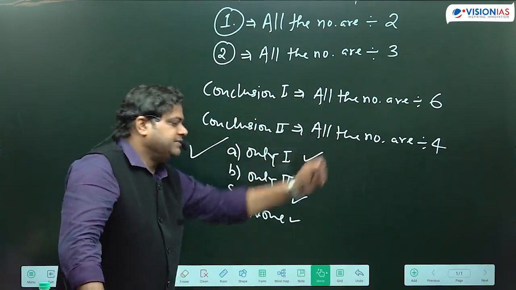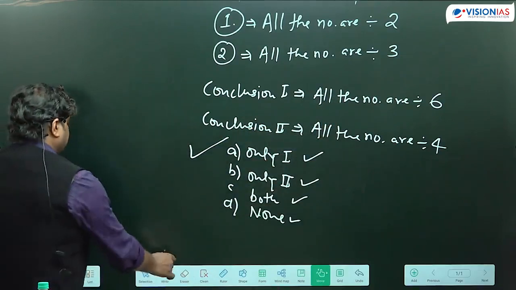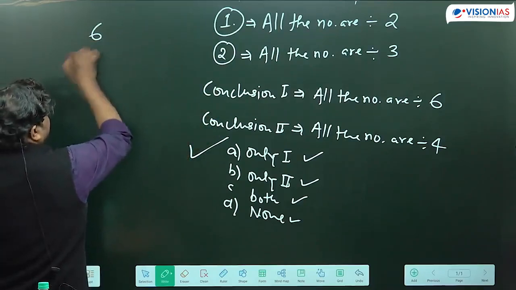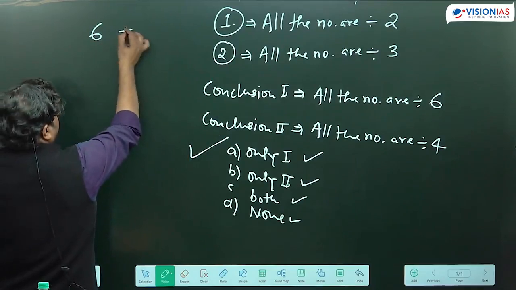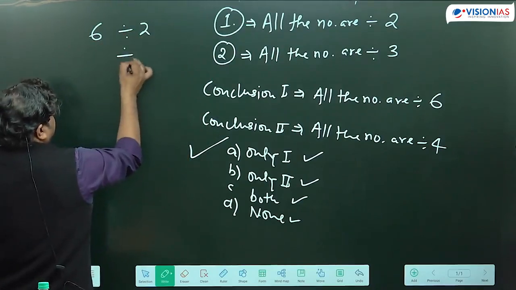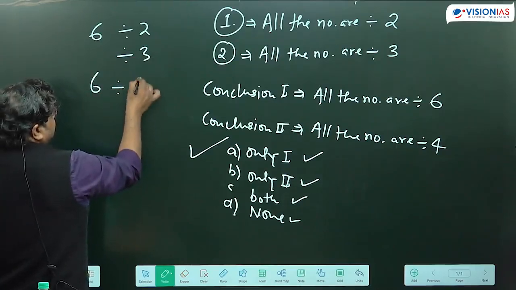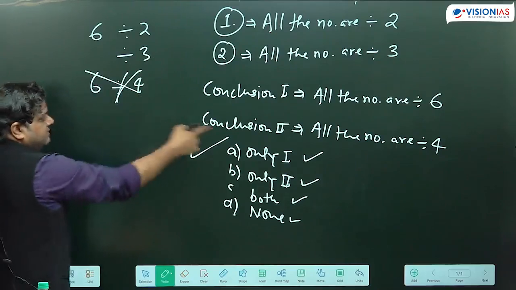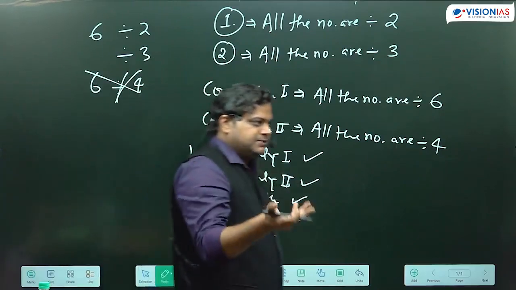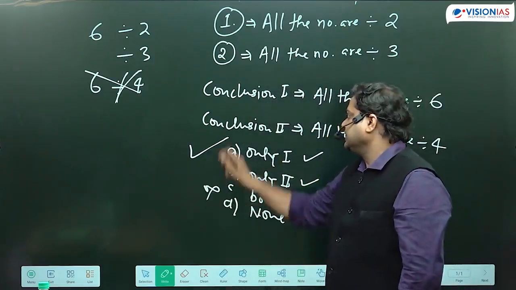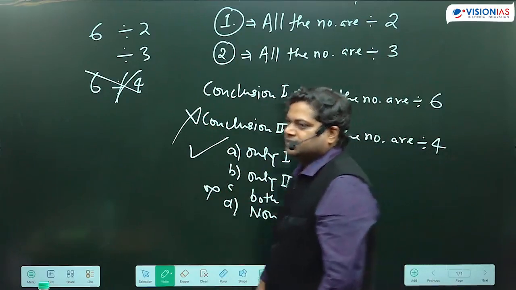Can we say this divisible by 4? We can take an example also: if I take this example as 6, 6 divisible by 2, 6 divisible by 3, but 6 not divisible by 4, that is why we can negate this. We can have other examples also how we are negating this. तो ये तो हो ही नहीं सकता, second cannot be a correct one.